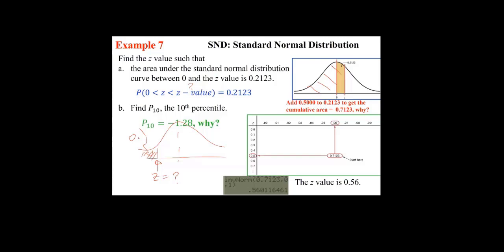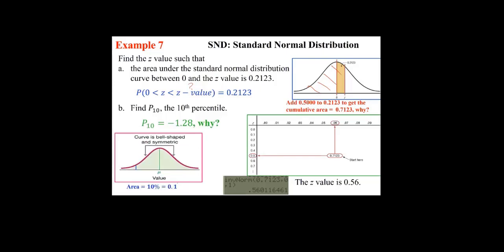So if I'm trying to find this, number one, I'm going to do my graph so I understand what I'm looking for. So with that being the case, look at the table, look at the graph. We are interested in this portion being 0.1. I'm assuming everybody can look it up somehow using a table or technology to come up with this answer. Understand the area to the left is 10% or 0.1 because we are looking for P sub 10, the 10th percentile.